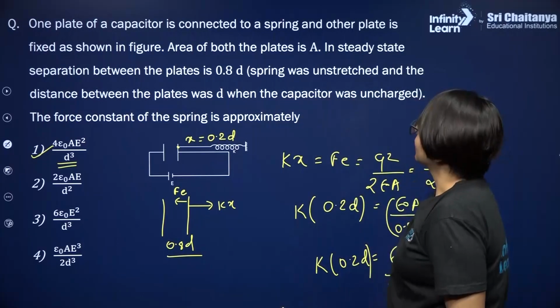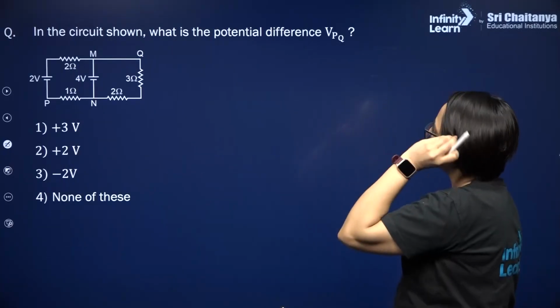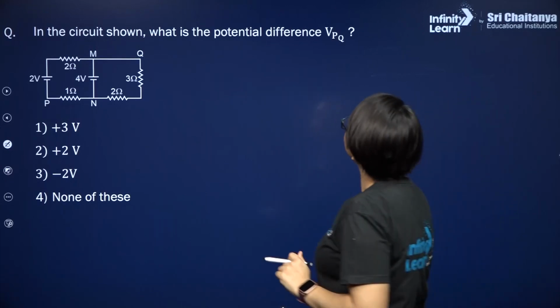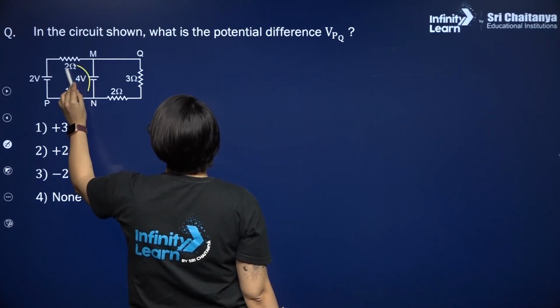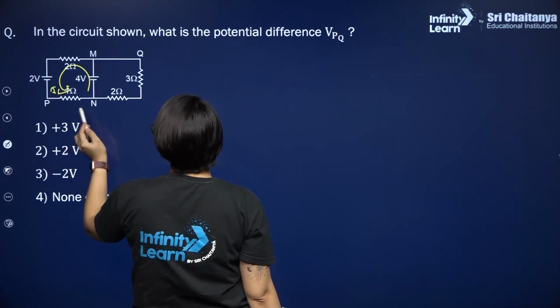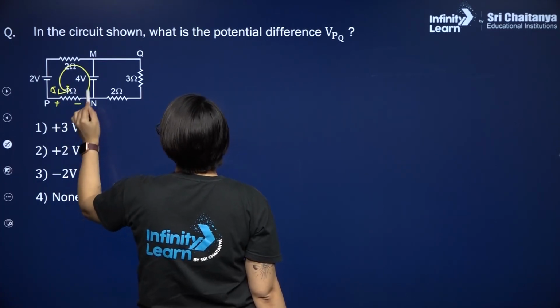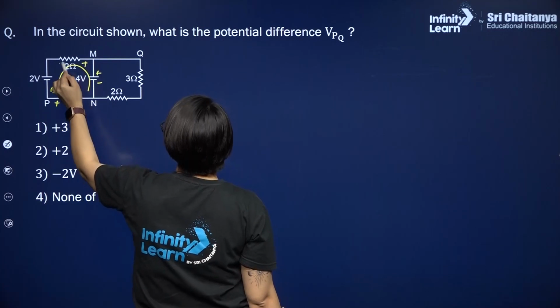Alright. Now, next is this one. In the circuit shown, what is the potential difference between P and Q? So let us assume that in this branch the current is I1. So it is positive, negative, positive, negative.